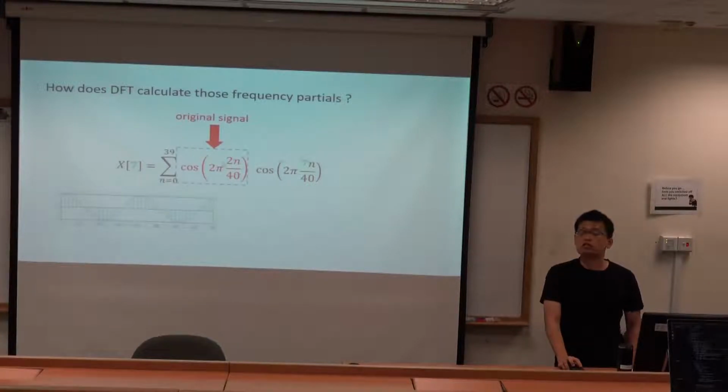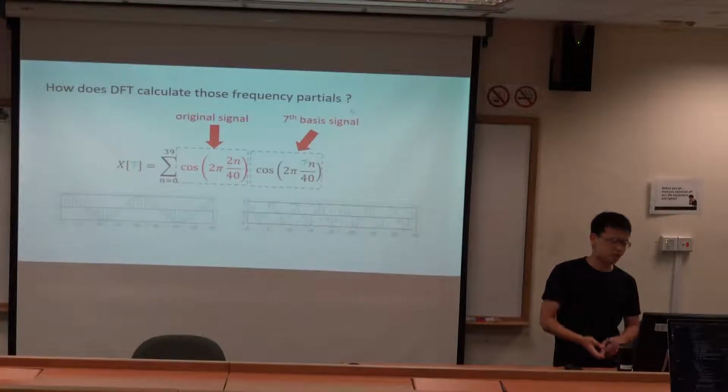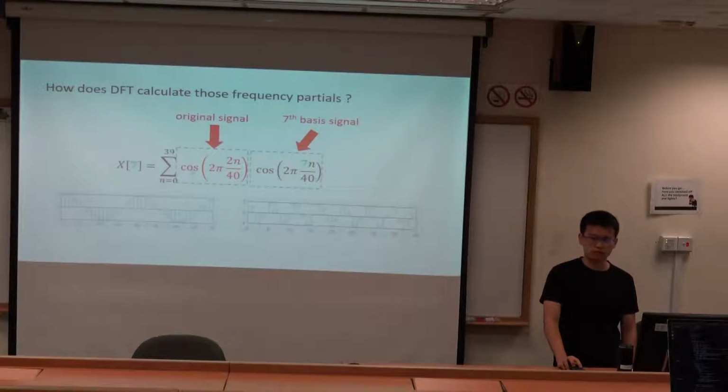Now let's see how it works. This is the original signal. It's cosine 2 pi times 2 n over 40. Looks like this. And this is actually the 8th basis signal, which has 7 periods in 40 samples. And we store the result of this in another array called capital X. And this 7, exactly this 7.